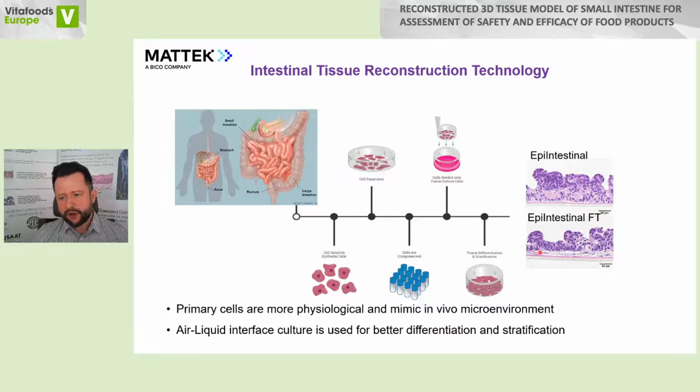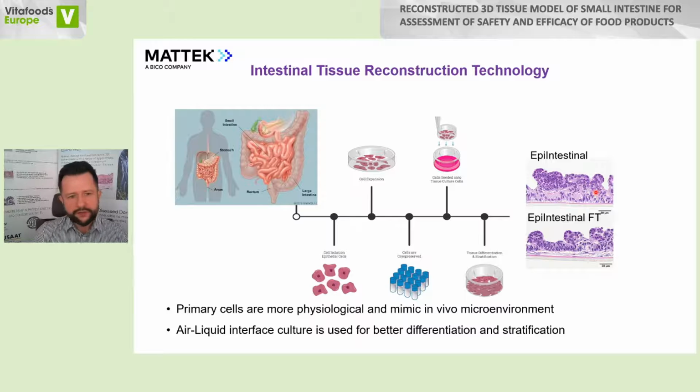This is the histology of two versions of the EpiIntestinal model: the partial thickness, which has only the epithelial part, and the full thickness, which also has a subepithelial fibroblast component. Basically, we believe that this is a very nice representation of the intestinal barrier or intestinal epithelium, as it has a proper composition of the cells, and it also mimics the morphology.